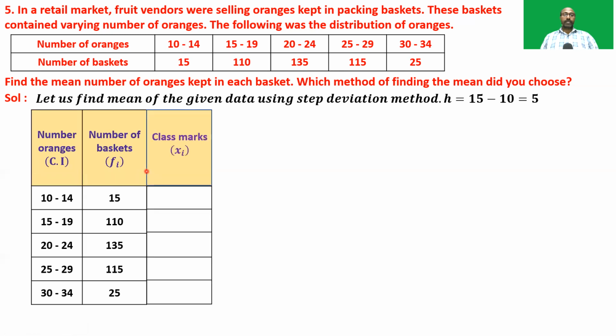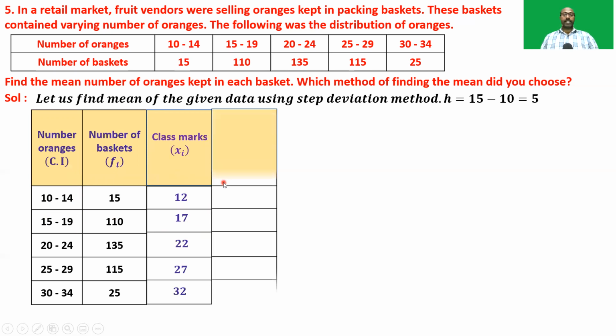The class mark of 10 to 14 is (14 plus 10) by 2, that is 24 by 2, which is 12. For 15 to 19, it is (19 plus 15), 34 by 2, which is 17. So the class marks increase by 5, and we can write the remaining class marks easily: 22, 27, 32.